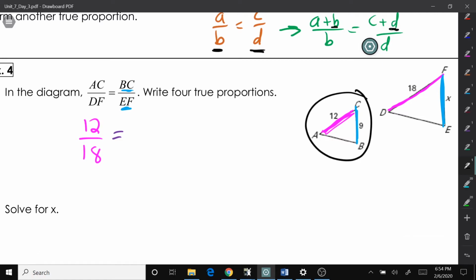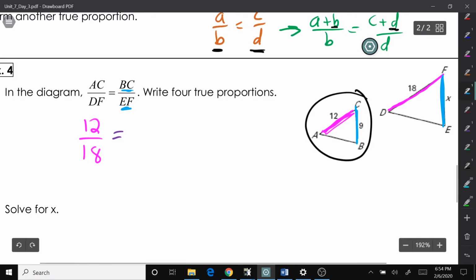In my second fraction, I want to use a number from that same triangle. So 9 over x. And you can solve it that way.